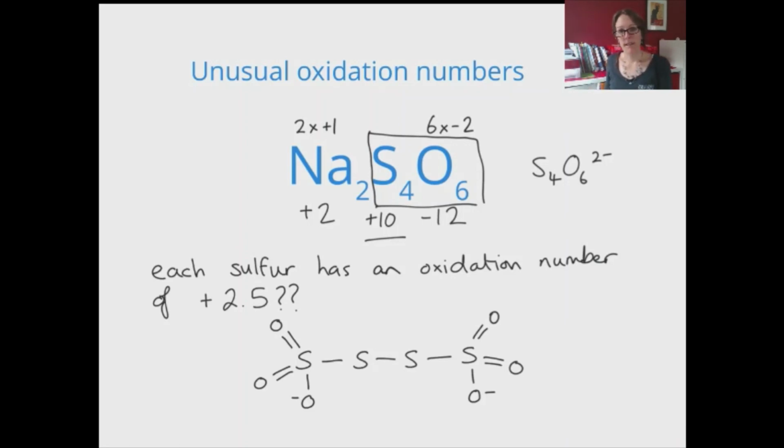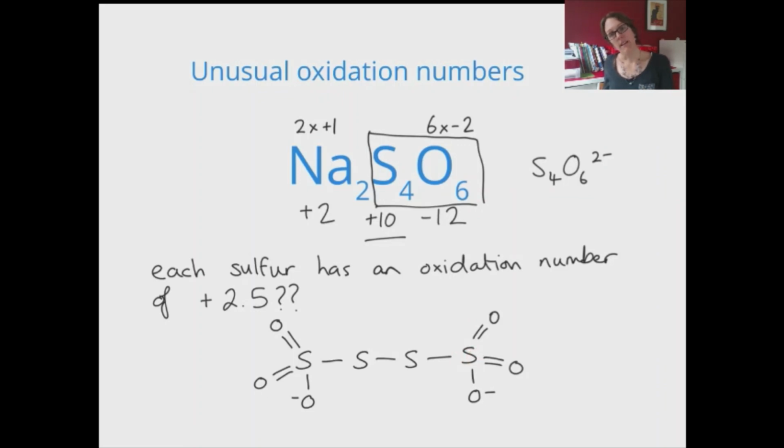If we were to consider then individual oxidation states using this idea of how many polar bonds they're making, well, the sulfurs in the middle are essentially the same as elemental sulfur. There's no polarity in those bonds because sulfur has the same electronegativity as sulfur. So those 2 sulfurs in the middle are essentially oxidation state 0. They don't have any polarity.